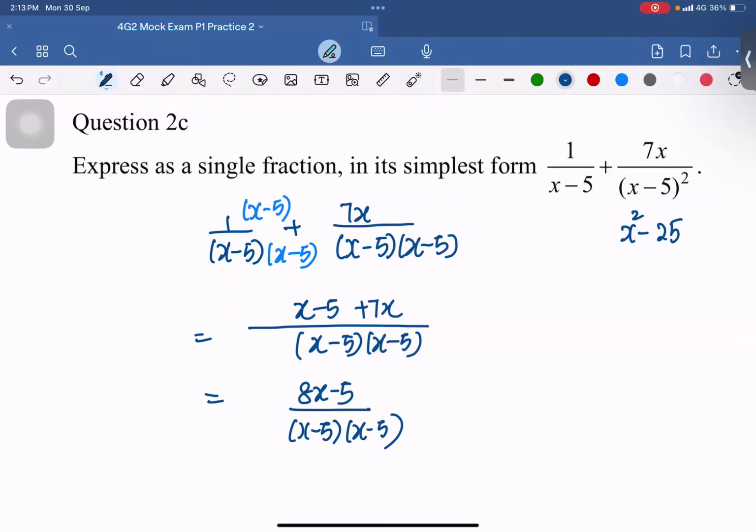If I have x squared minus 25, this one has no brackets, and there's only x squared itself. And this can be broken up into x plus 5, x minus 5. So for these two, one is plus, one is minus. For this one, both are minus. They are not the same.